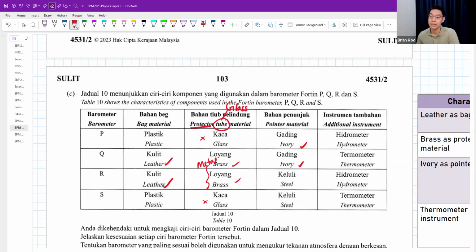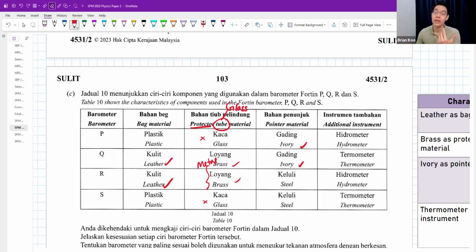Okay. Ivory is made of the elephant tusk. It's illegal these days because of animal cruelty and all that. But the elephant tusk, yeah, that thing is made of ivory. Why do they use that? Especially older barometers, because we found out that it doesn't react with the mercury. It's non-reactive to mercury.